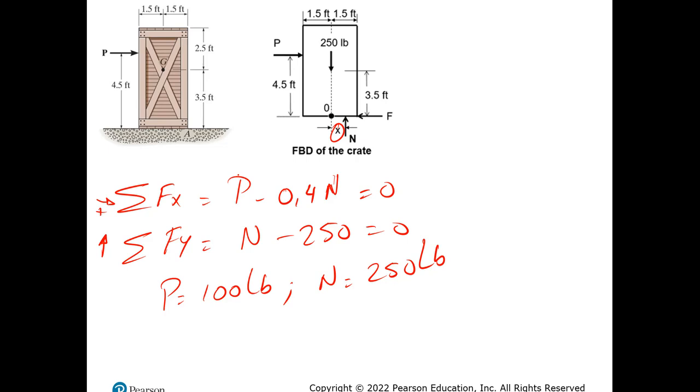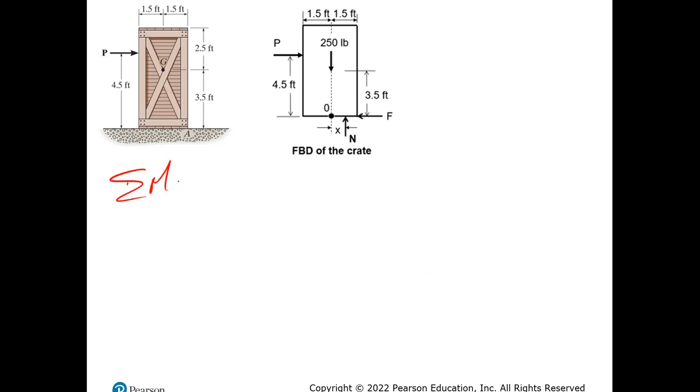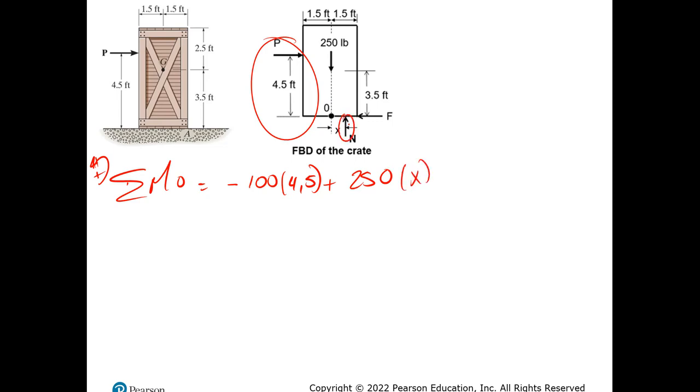So we just need to take the sum of moments around this O. Okay, so if we do that, we'll say sum of moments around O. Don't forget your sign convention. That will be equal to 0. So therefore I have minus 100 multiplied by 4.5, that's the P I got, and then I have 250 multiplied by x, this guy we just calculated, and that will be equal to 0.